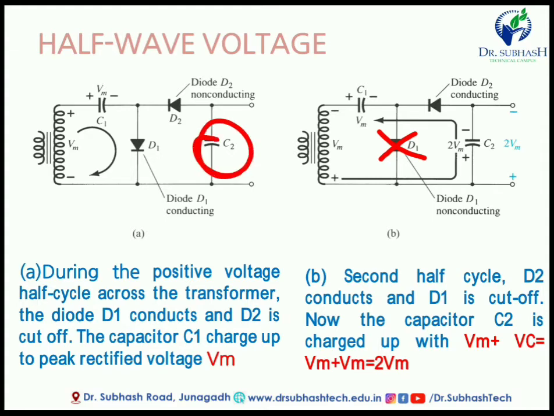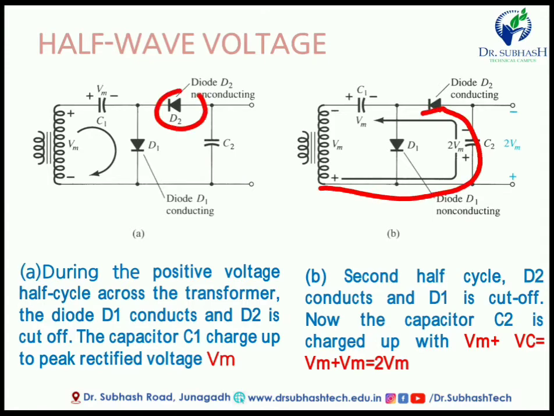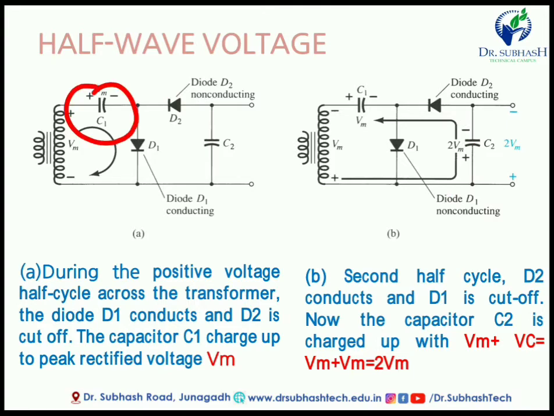This capacitor comes into the picture and capacitor C2 will start to charge using this diode, because this diode is in forward bias. But the previous charge of this capacitor is Vm, and this Vm is also added to this input Vm. So we can say that the voltage is Vm plus Vc, where Vc is nothing but the charge of this capacitor.